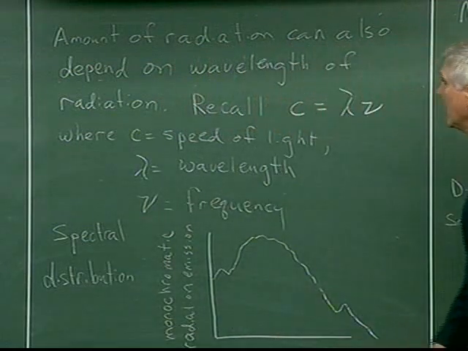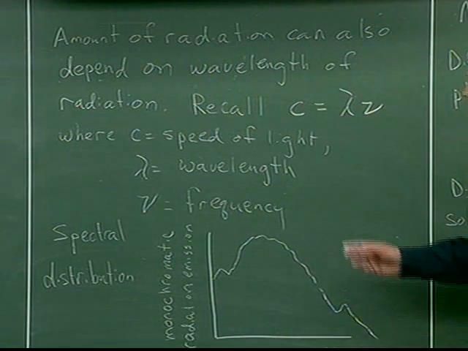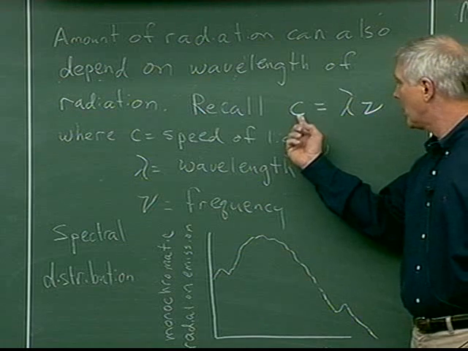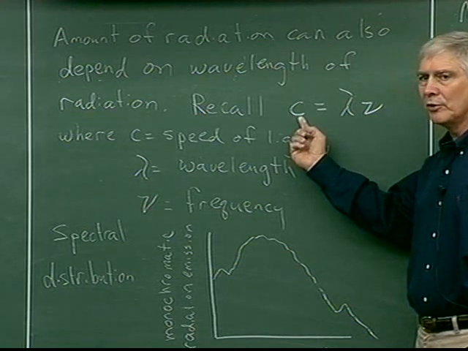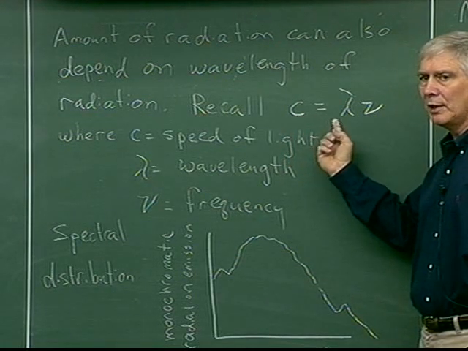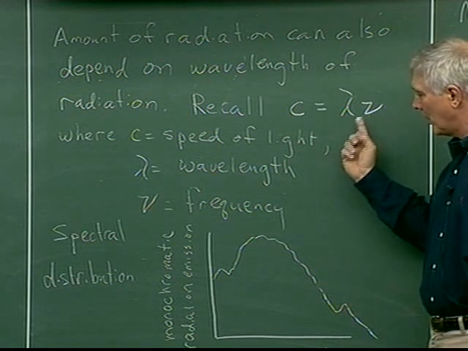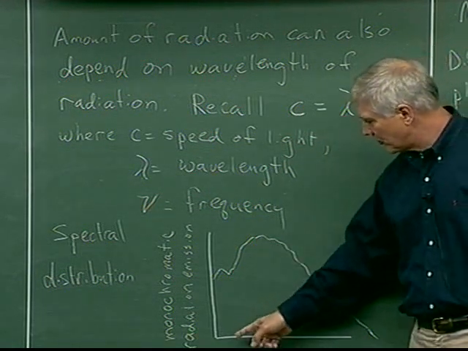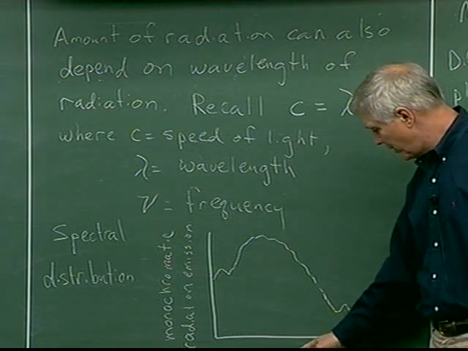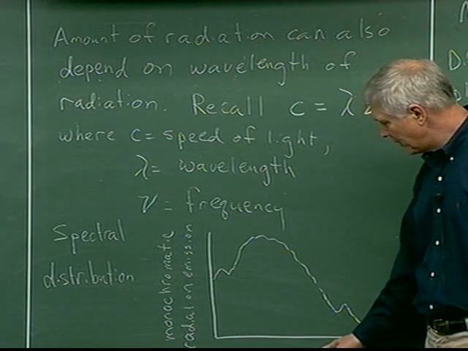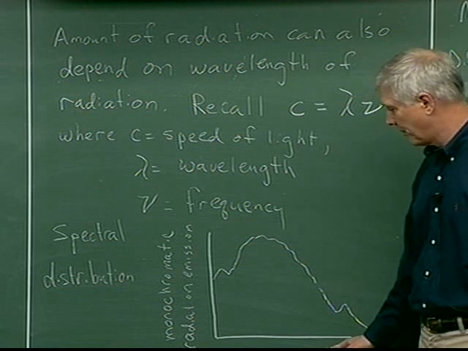The amount of radiation can also depend on the wavelength of the radiation. Recall that the speed of light, which is c, equals the wavelength times the frequency. We can draw a spectral distribution which shows the dependence of emission on wavelength.